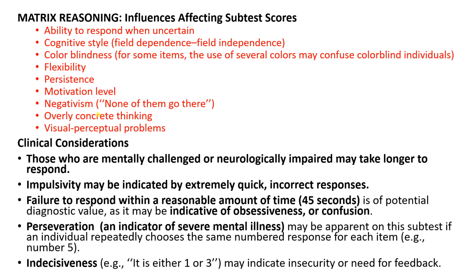This perseveration may be apparent on this subtest if an individual, for example, repeatedly chooses the same numbered response, that 3 will go there and it will complete the matrix. Again 3 and 3, again 5 and 5. So he or she selects one response and repeatedly gives the same response again and again.